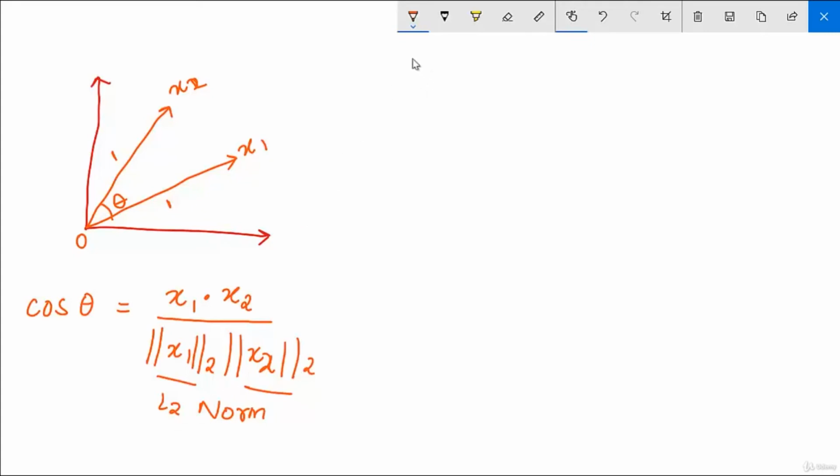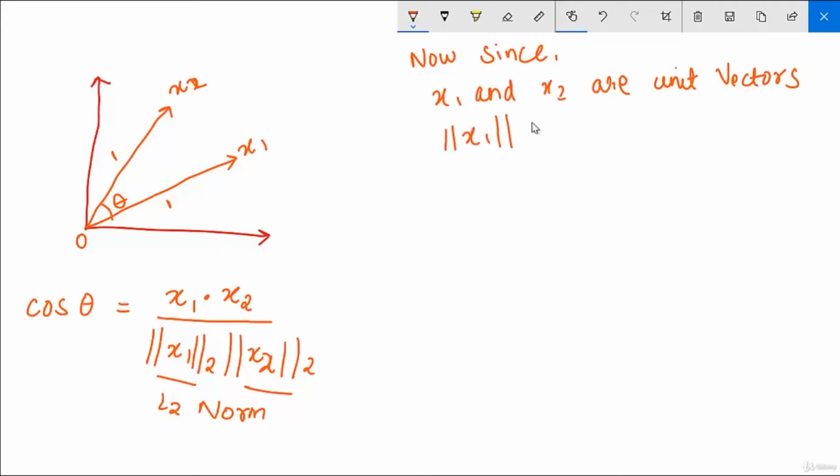Now, since x1 and x2 are unit vectors, which means the length of x1 equals the length of x2 equals, I'm sorry, not 0, equals 1. Unit vector unit is 1, right?